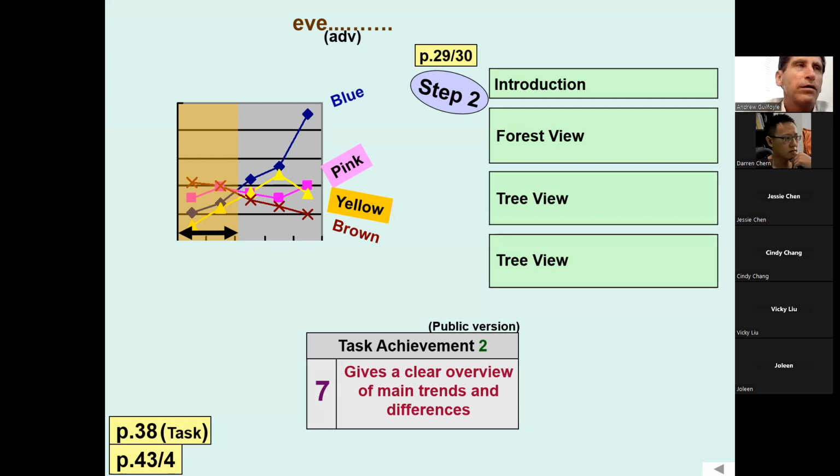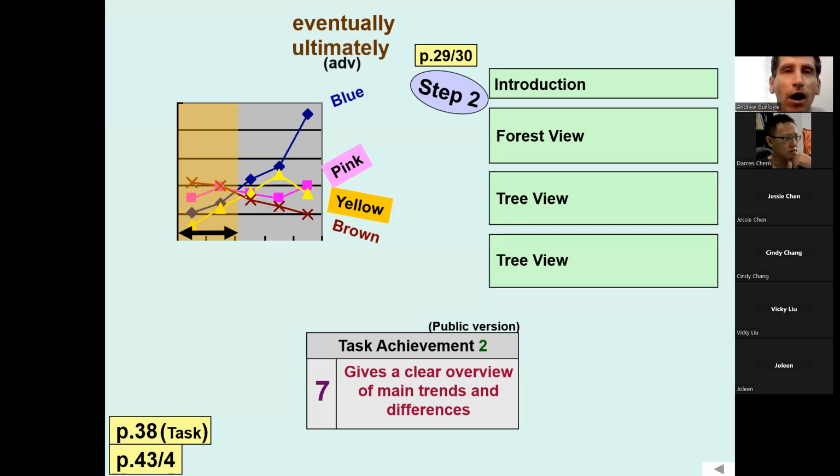Eventually. Yeah, the blue one eventually becomes much bigger and more than 2 times higher. Or the blue line, ultimately.